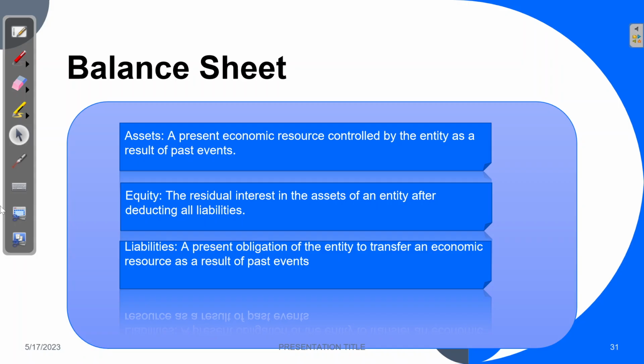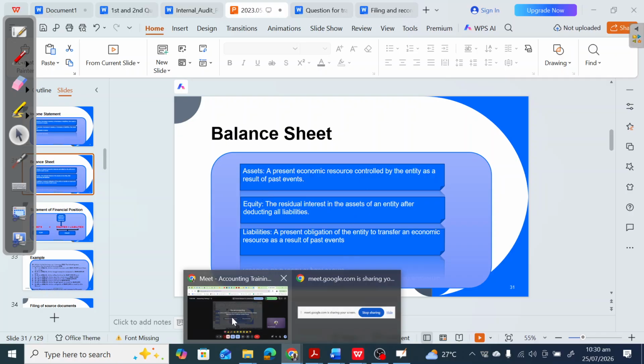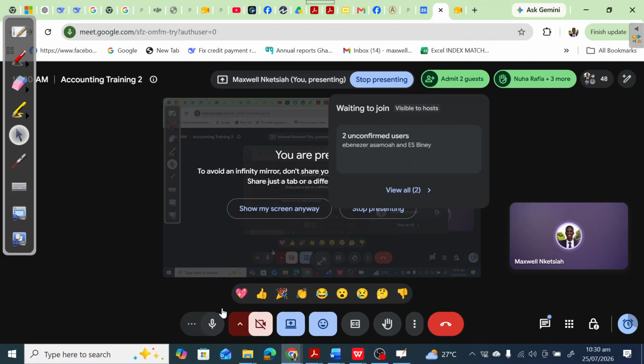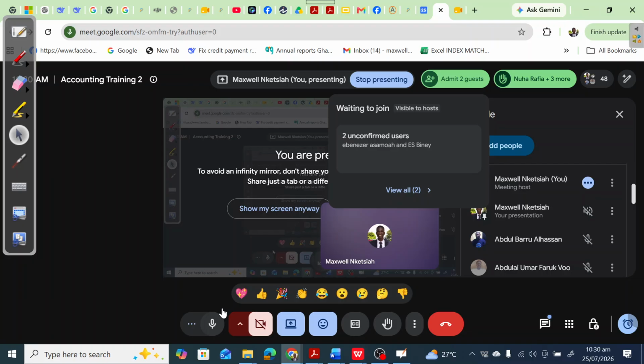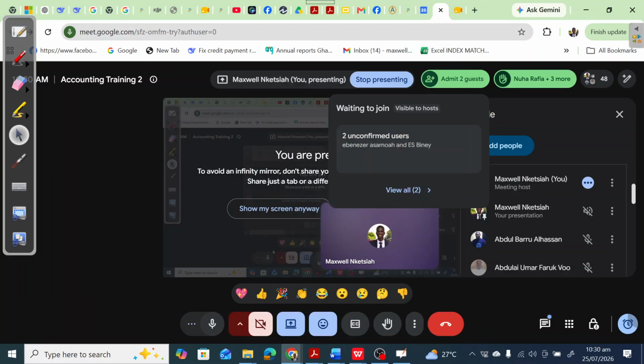Motor vehicle, yes, laptop, computers and accessories, business premises, cash, buildings and land. Good, yes. All these are assets. Cash. Please, let's mute our microphones.